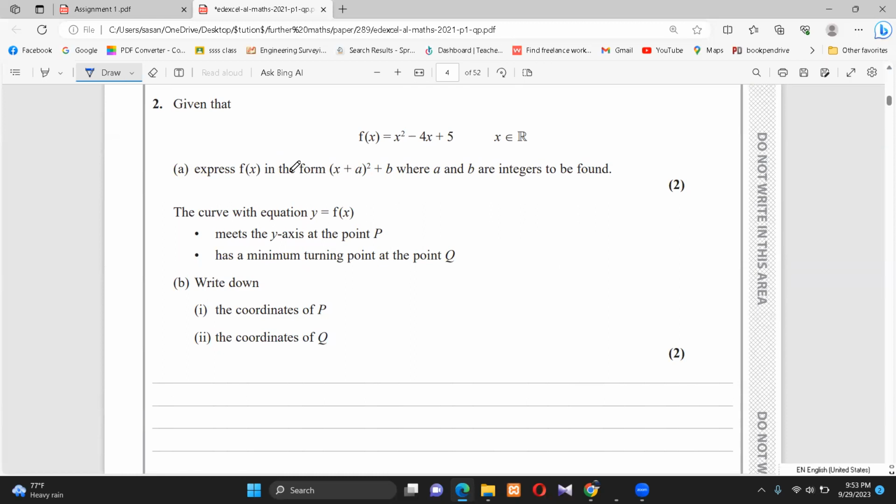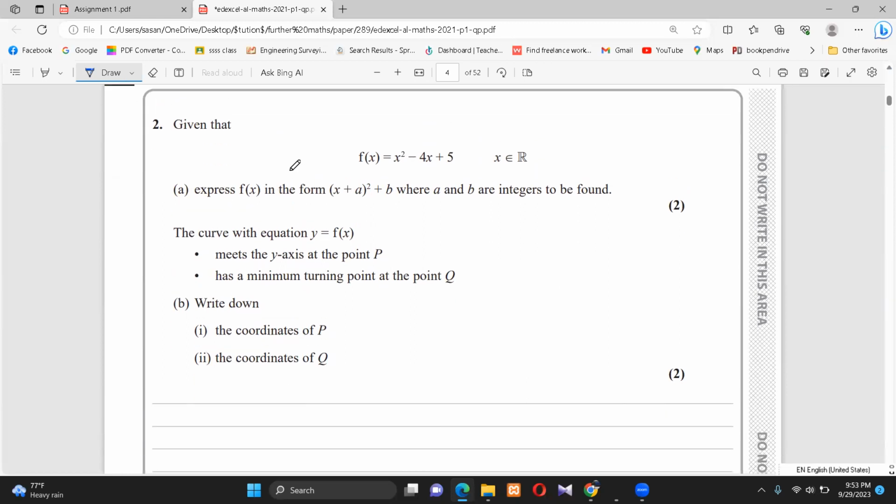The second question: given that f(x) equals x squared minus 4x plus 5, x is an element of the real number set. We know the real number system starts with natural numbers: 1, 2, 3, like that, up to infinity.